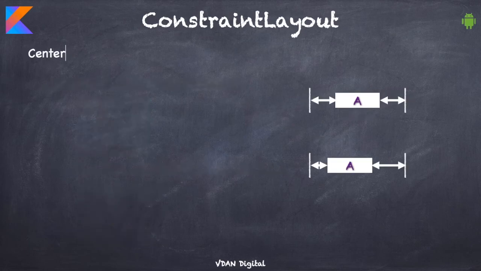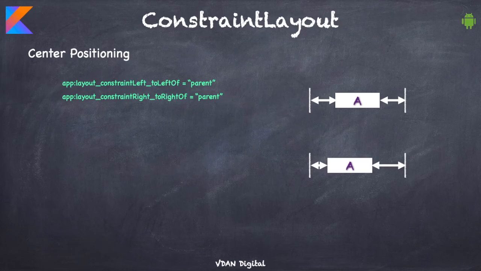So how to create center positioning? In constraint layout, to set the object in center, we can use constraint left to left of parent and right to right of parent. This will enable the object to align center. If you want to tweak the positioning in favor of one side, we can use bias.